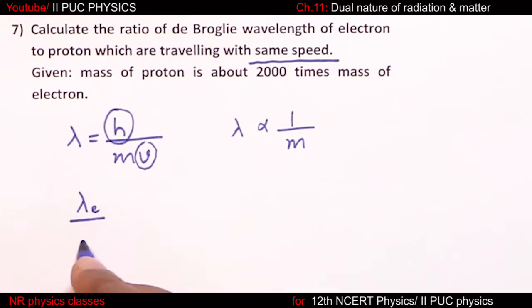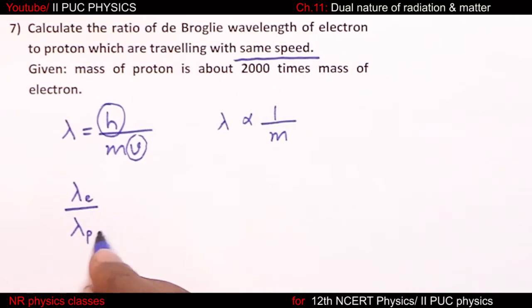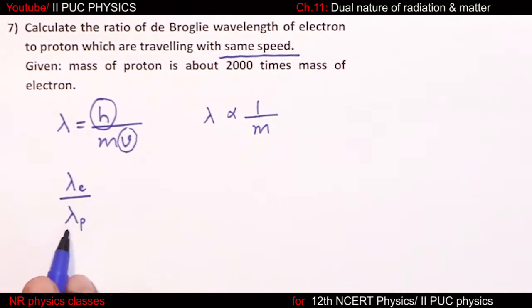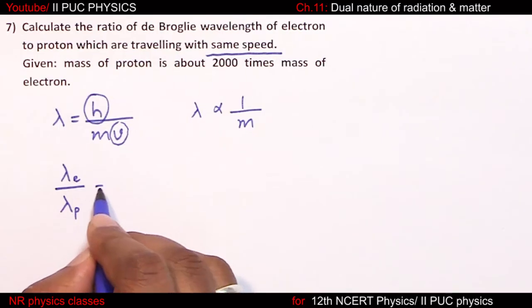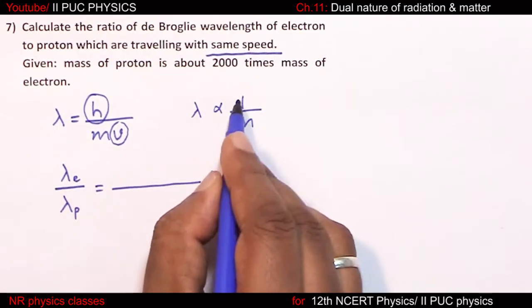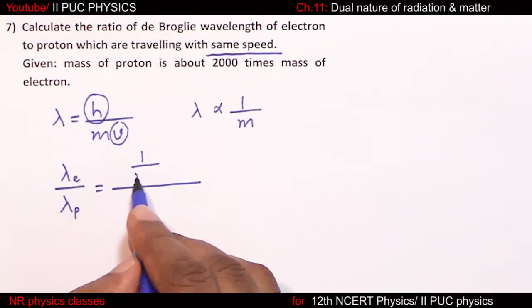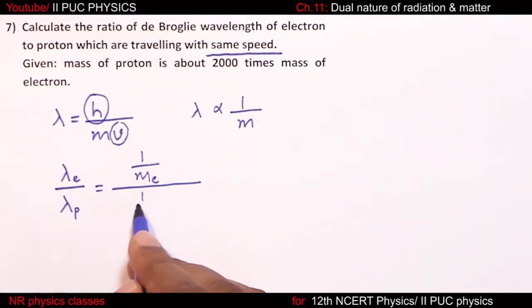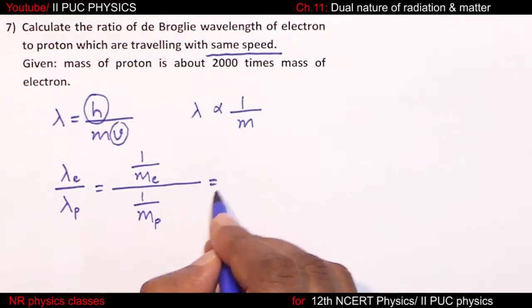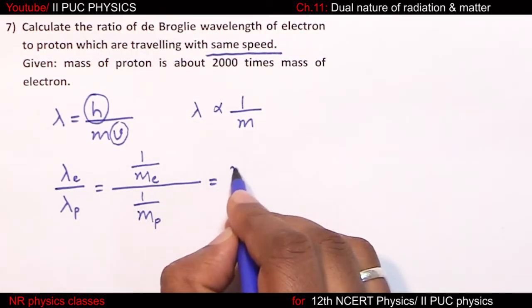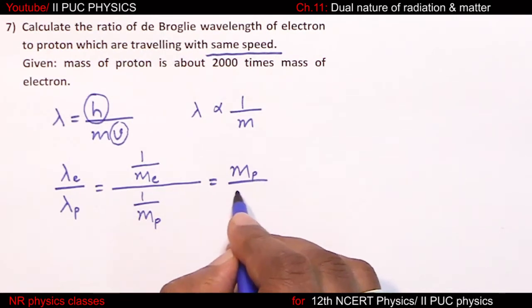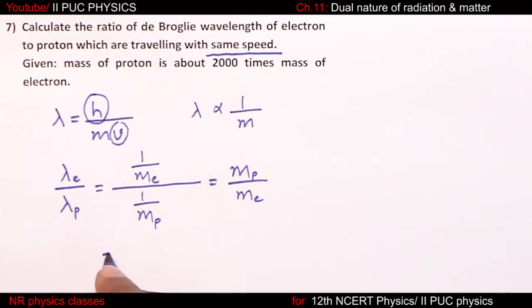Therefore, wavelength of electron by wavelength of proton equals 1 by mass. 1 by mass of electron, 1 by mass of proton. This goes to numerator, mass of proton by mass of electron.